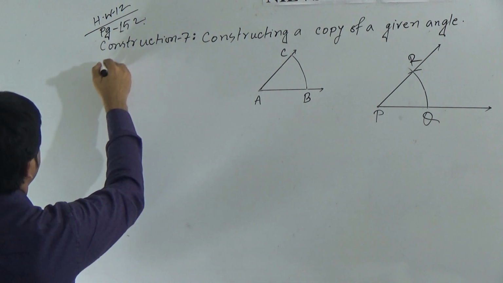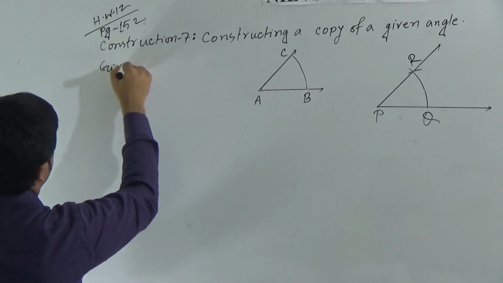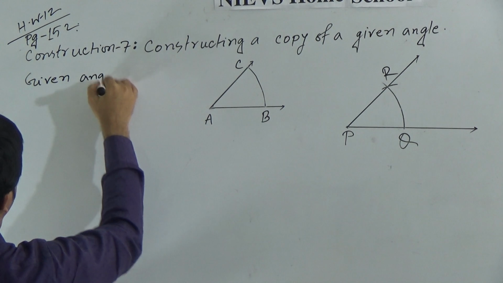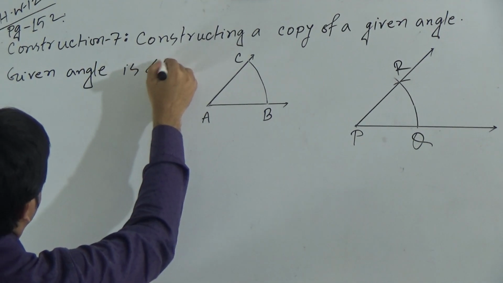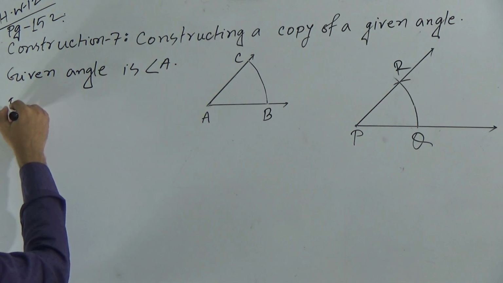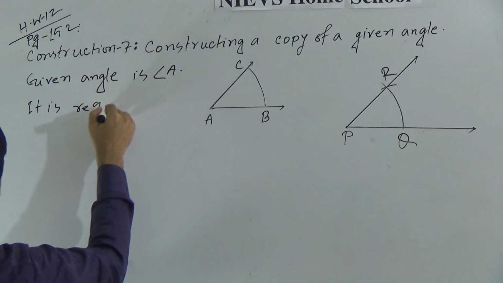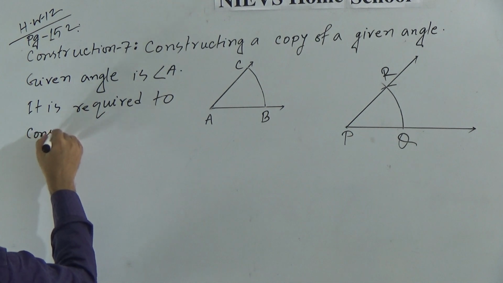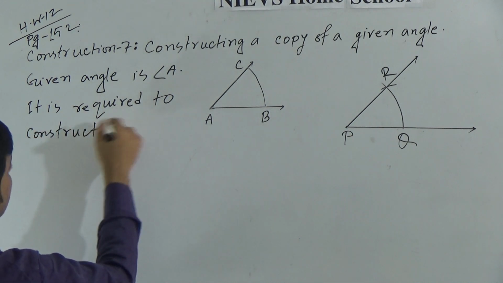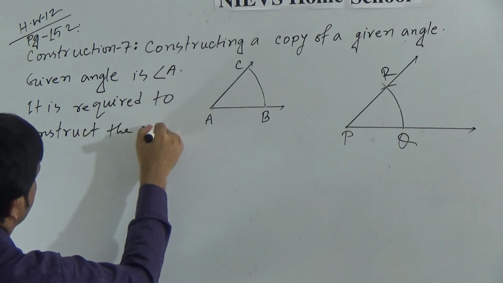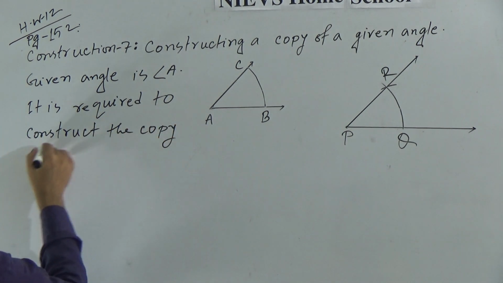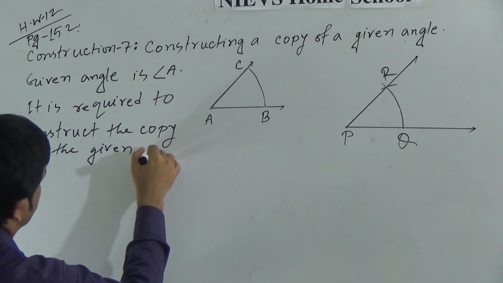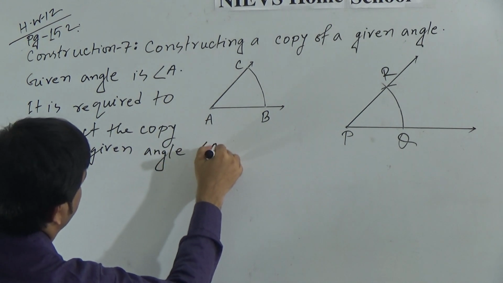So we can write here: given angle is angle A. It is required to construct the copy of the given angle A.